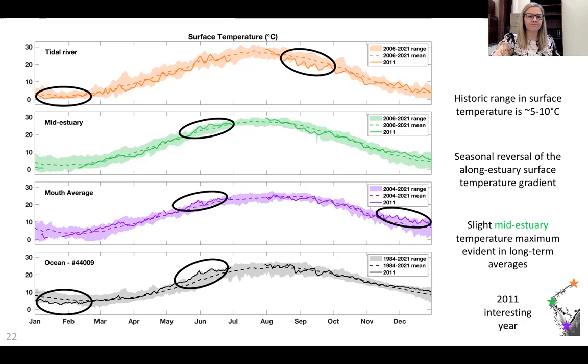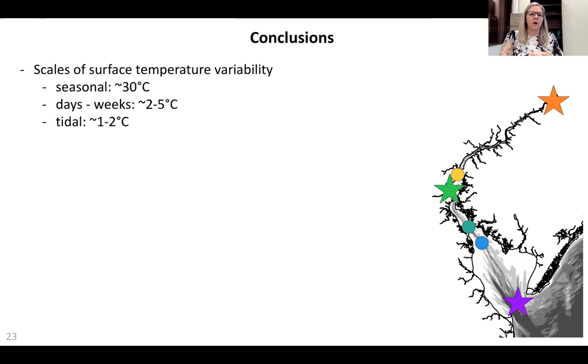Okay, so just to conclude, I discussed today that the scales of surface temperature variability vary along the axis of the estuary and over different time scales. We talked about seasonal variability being on a scale of about 30 degrees Celsius at all of the sites.